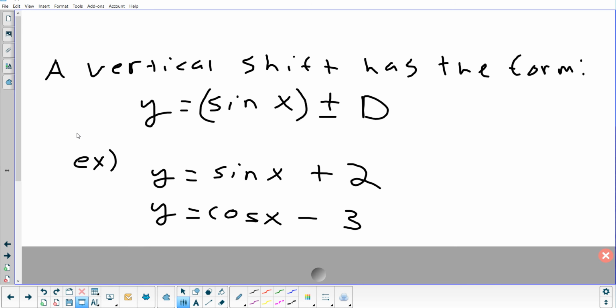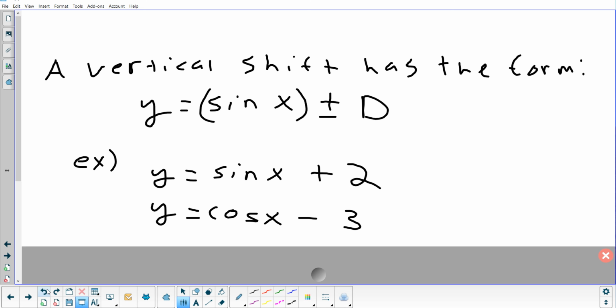Even if you don't put parentheses here, that still technically is a vertical shift. The only way it can be a phase shift is if you put parentheses around the variable and the number you're shifting by. That's the only way you can make it a problem like we did yesterday.